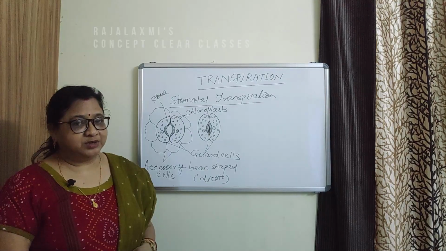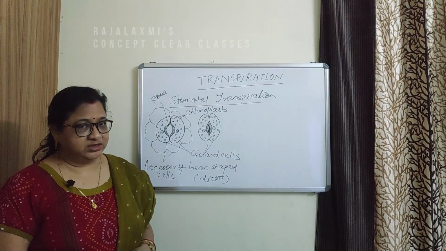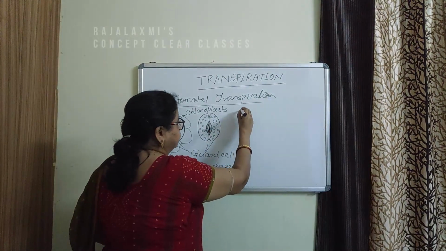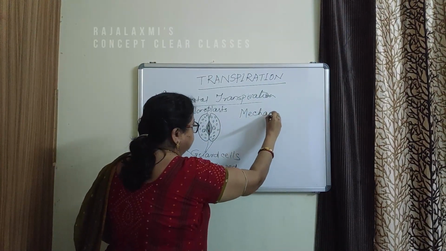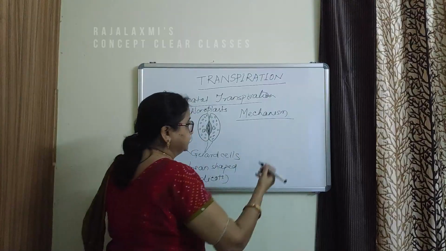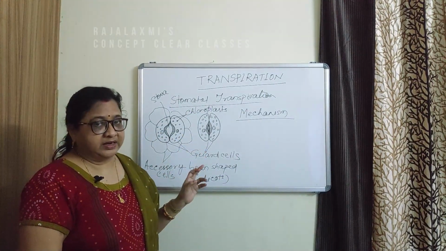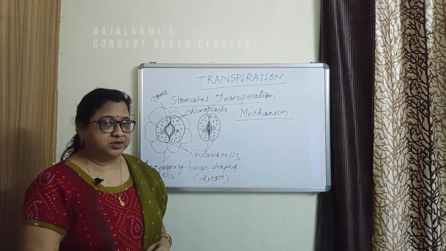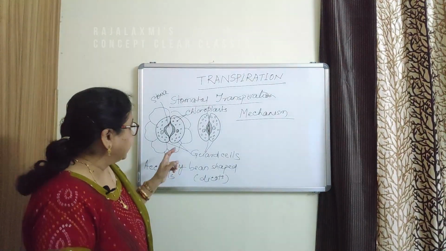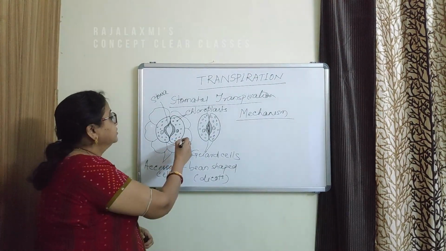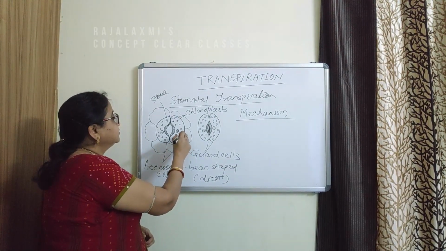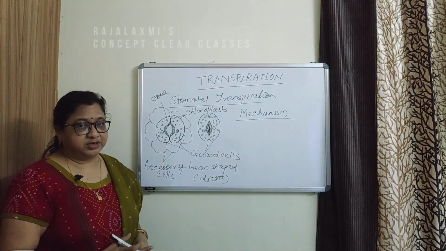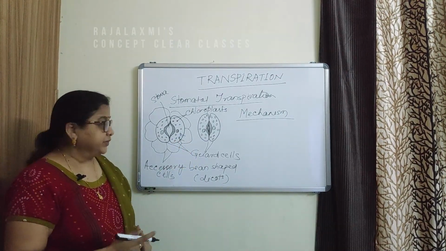Next, the mechanism of stomatal opening and closing. The opening and closing of stomata depends upon the osmotic concentration of the guard cells. When the guard cells absorb water from the accessory cells, then the guard cells become turgid or stretched.